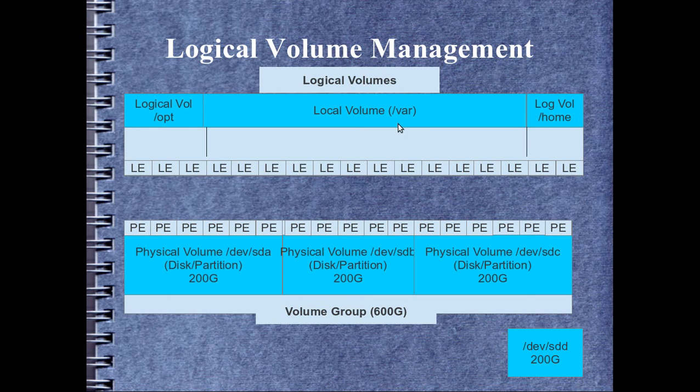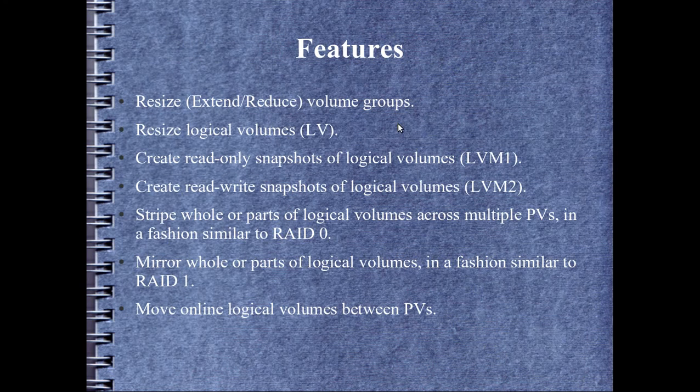You can get back to that snapshot and you will have the exact data on the server that was present at that particular instance of time. So that is a snapshot, the state of a file system at an instance of time. On LVM1 it was read only, but in LVM2 it's read write.